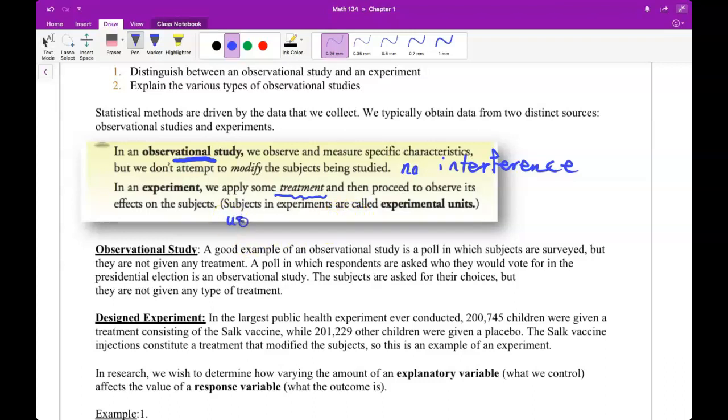So here we're actually manipulating variables. You only need to remember that when we have an experiment, that means we applied some treatment, and when it's an observational study, there was no treatment in that part.